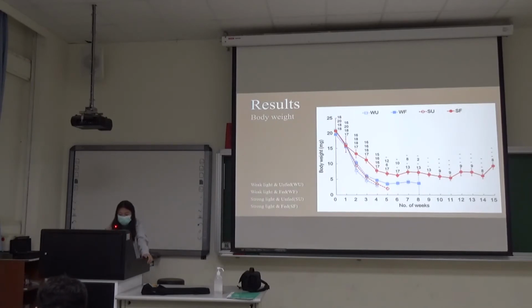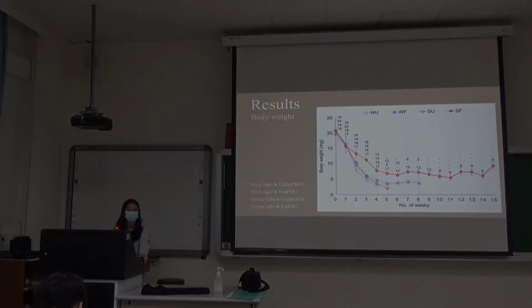Oh, you want to know the number? You want to know the number means about the line? Okay. The number shows in the visual, respectively W, WF, SU, and SF in the visual.